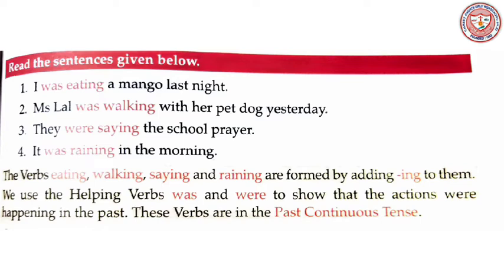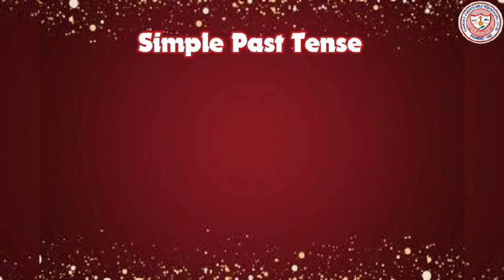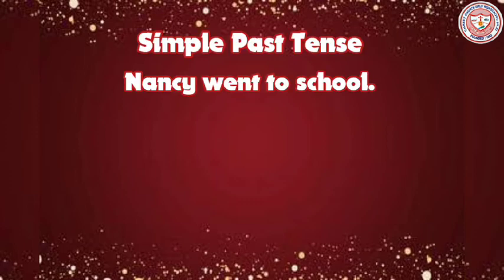We use was or were along with the verb plus ing to form past continuous tense. So let's take examples. In simple past tense, Nancy went to school.